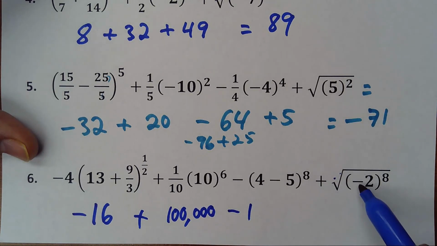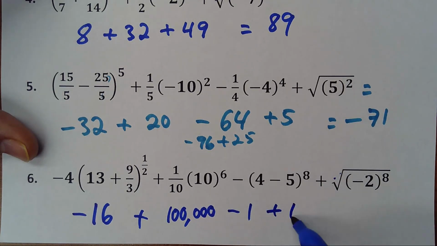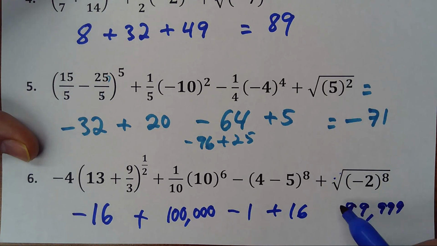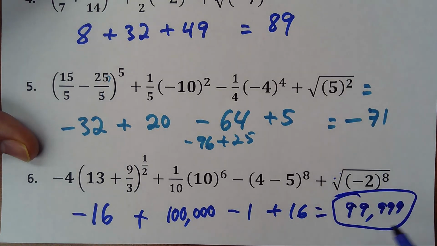It will be 16 positive. Plus 16. So 16 negative and 16 positive. That will be 0. 100,000 minus 1 will be 99,999. So that will be the answer for the last one.